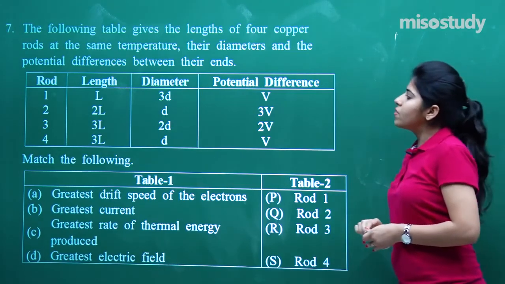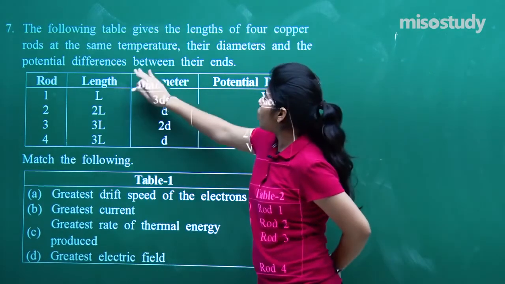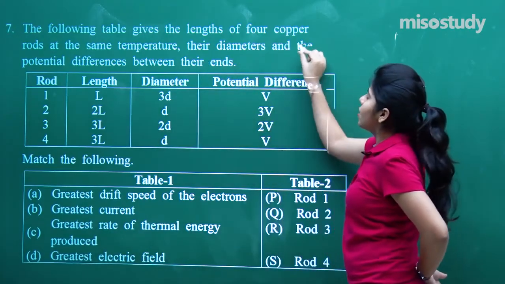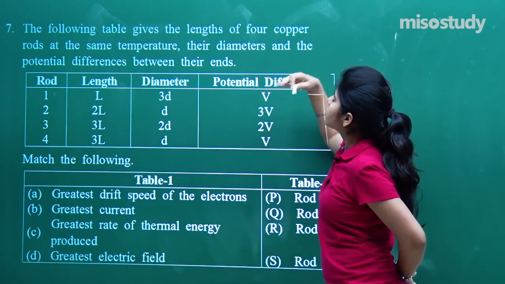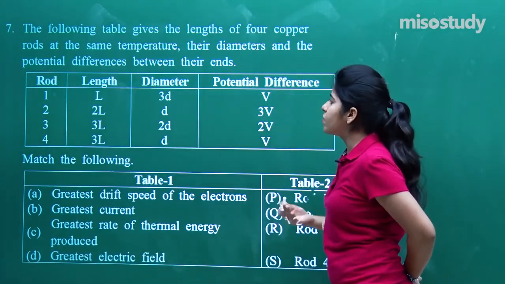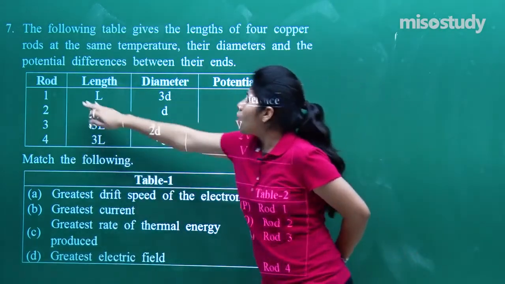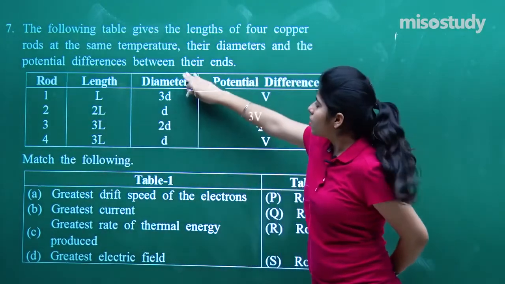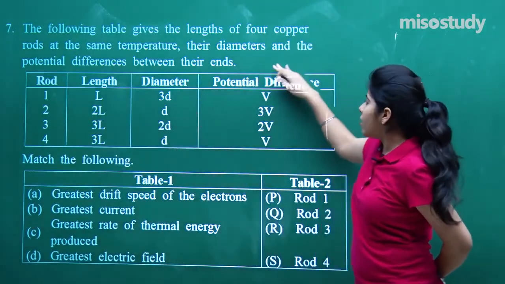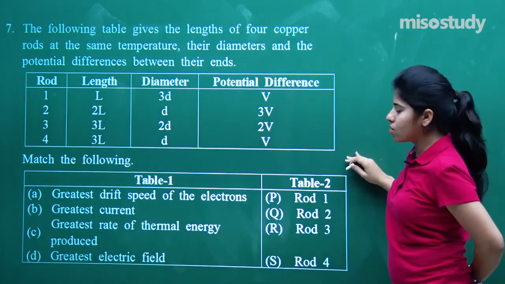The question number 7 says that we have been given the following table in which the length of 4 copper rods at the same temperature, their diameters and potential difference has been given. Rod 1, 2, 3, 4, their corresponding lengths, diameters and potential differences across them.